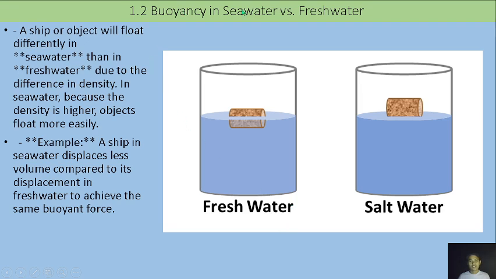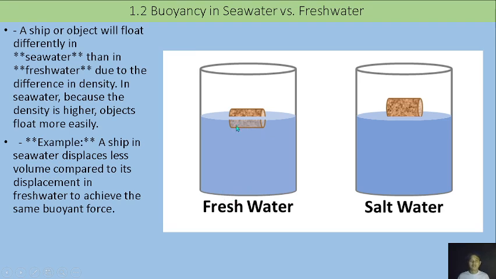Okay, so buoyancy in seawater versus freshwater. As you can see in the illustration, mas madaling lumutang sa saltwater kaysa sa freshwater because of density. So ano ba yung density? Yung density ng freshwater is 1,000 kg per cubic meter.